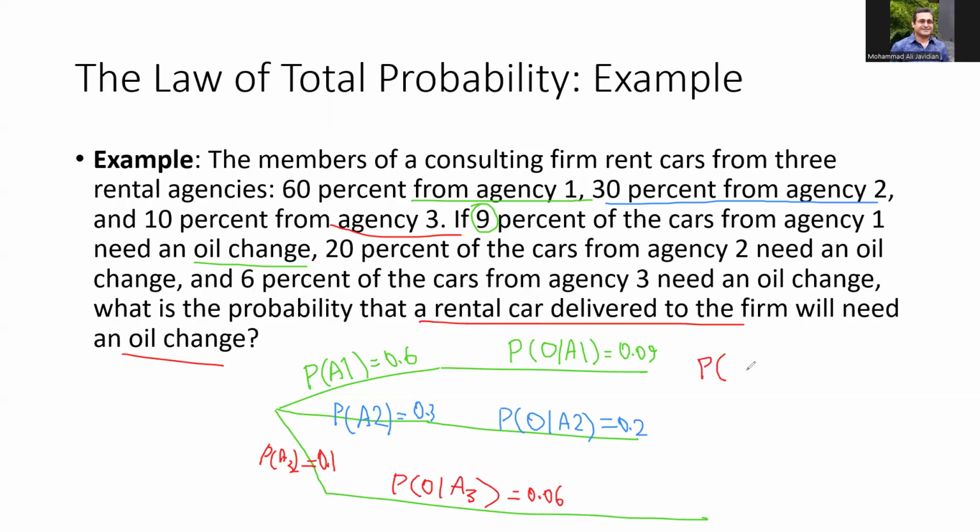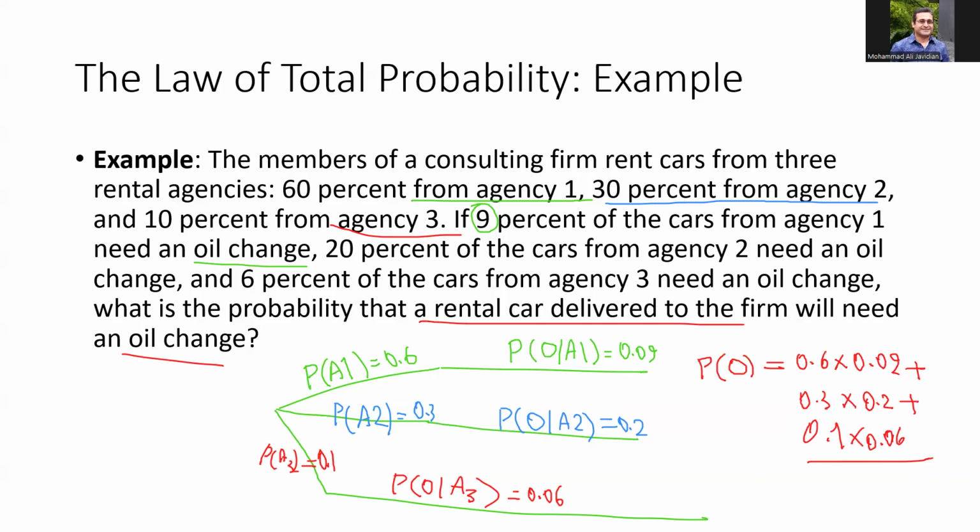So probability of oil change is 0.6 times 0.09 plus 0.3 times 0.2 plus 0.1 times 0.06. That's the total probability. This whole summation gives you the total probability that a delivered car needs an oil change.